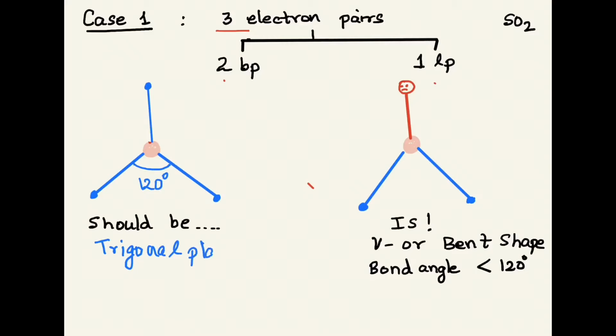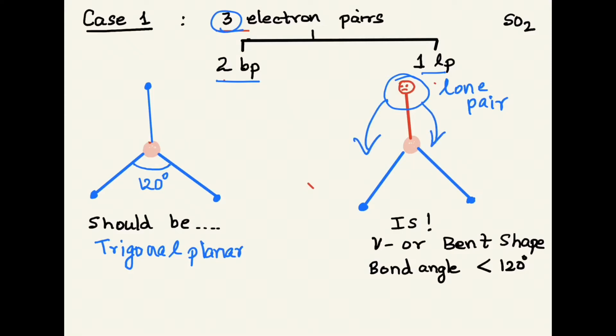I am using the words "should be" because as soon as this grumpy lone pair comes into the picture, we still have 3 pairs of electrons to handle, out of which 2 are bond pairs and 1 is the lone pair, the grumpy lone pair. And it tends to push the other 2 bond pairs away from itself. So they'll definitely come closer to each other.